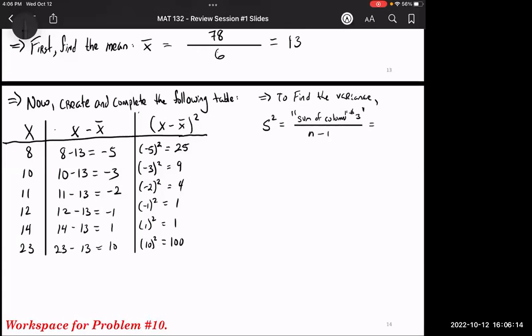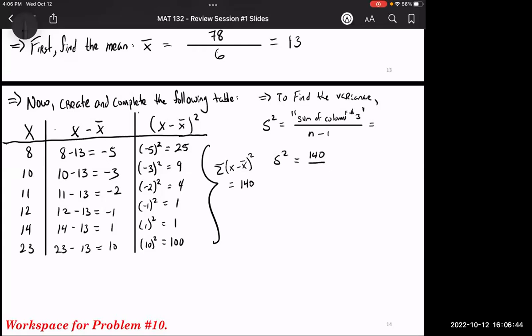So if I do take this sum of column 3, what do we get? 140. So we say s squared is equal to 140 divided by n minus 1.